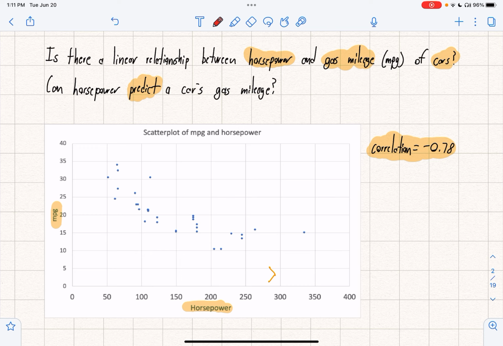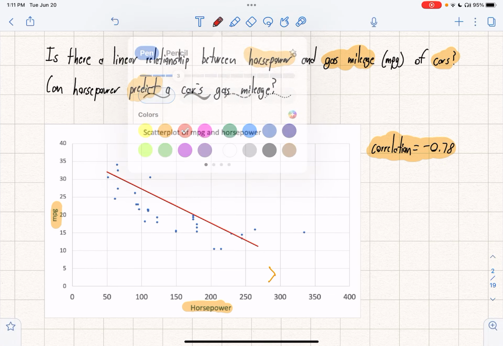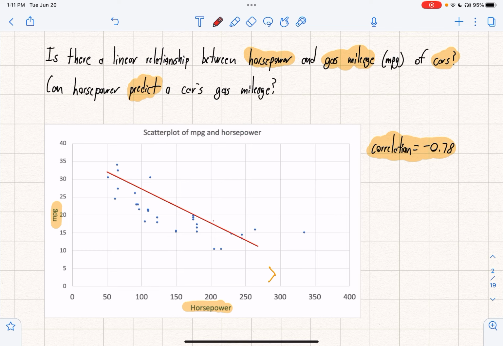So we might think a line of best fit would look perhaps something like this. Right? That would maybe make sense compared to a line that looked something like this. Right? This blue line is positive, but we know that correlation is negative. So this blue line really doesn't make any sense. So we should know that this line of best fit should be negative. So we can see that this does have a negative slope.